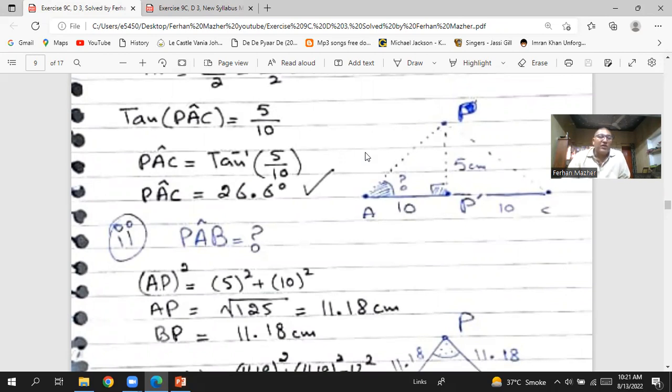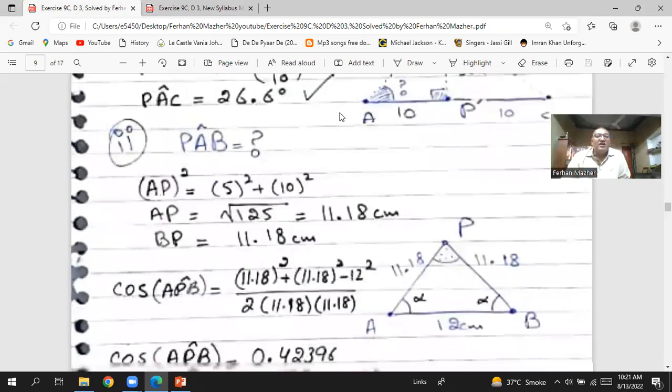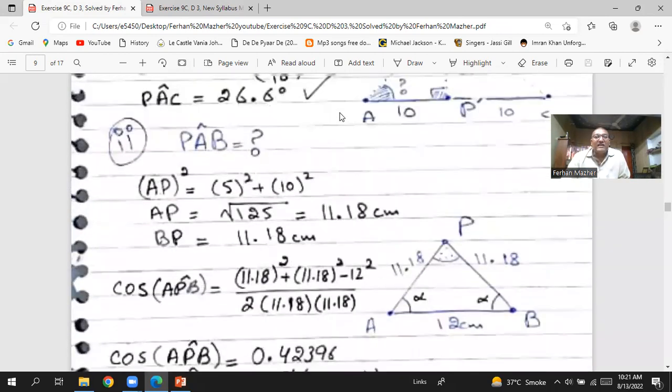It will be 11.18 centimeter. Now I will consider the triangle APB. AP is 11.18. BP is 11.18. The AB side is 12 centimeter. It's an isosceles triangle. So by using the law of cosine, I can find out this angle, and it will be 11.18 square plus 11.18 square minus 12 square.